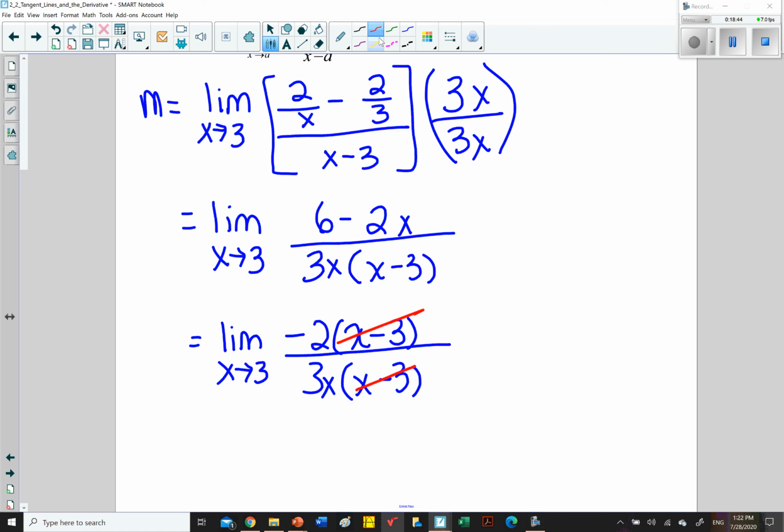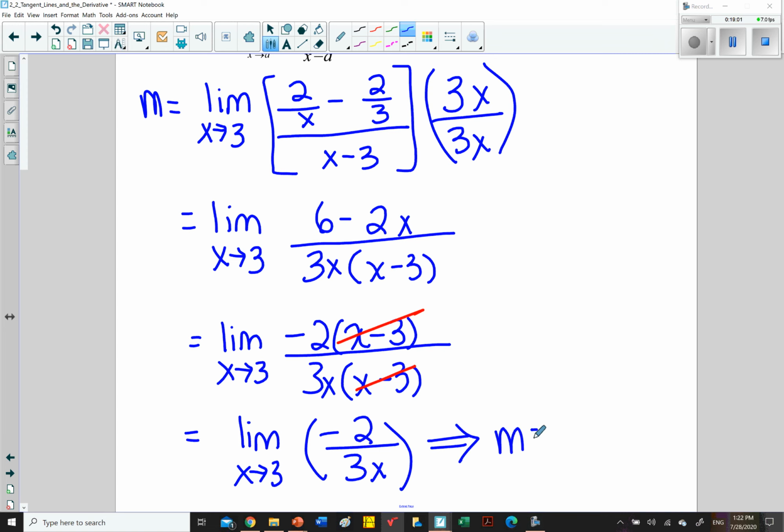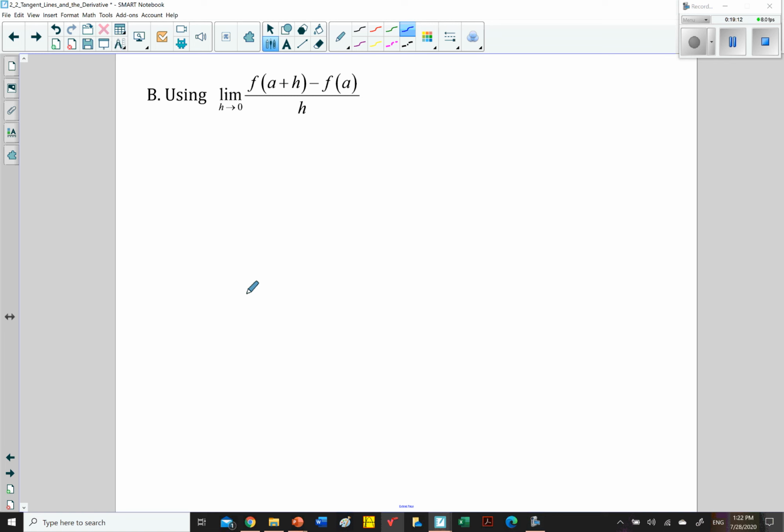And by doing so, then we can substitute into that final expression as x approaches 3 for the expression -2 divided by 3x, substituting 3 down here, then our slope is -2/9. On letter B, you might turn off the video and try to do the same thing with this formula. Then come back and check with me to see that you have mastered the concept.